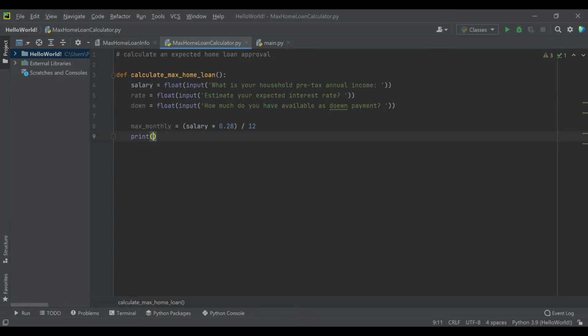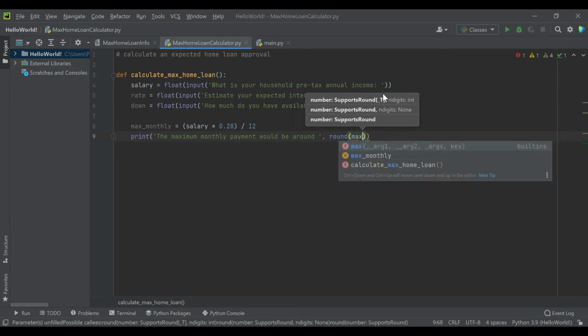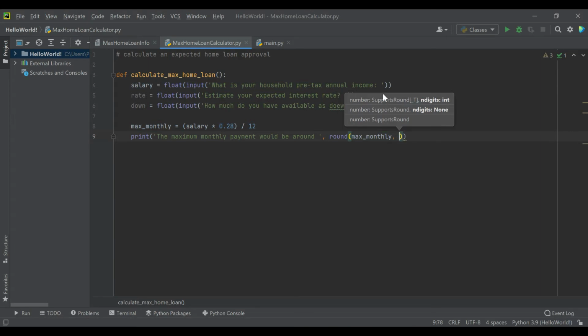That's the first thing: the maximum monthly payment would be around, and again, these are estimates. We're trying to give a potential user an idea of what they could expect. So let's round that. We don't really care about thousandths of cents. Let's just say max monthly, rounded to 2 decimal places.